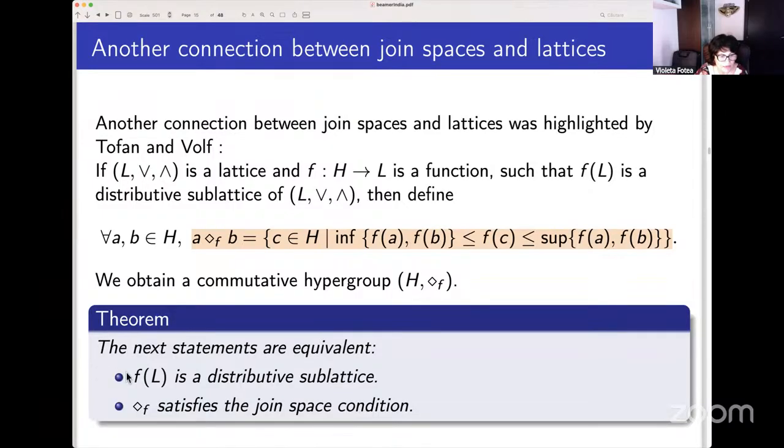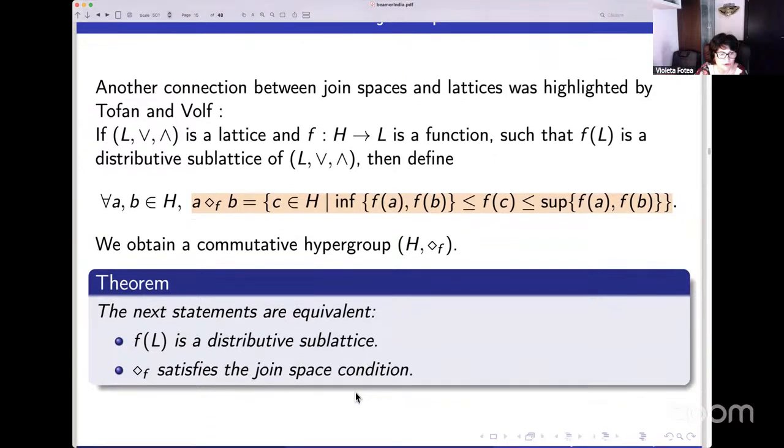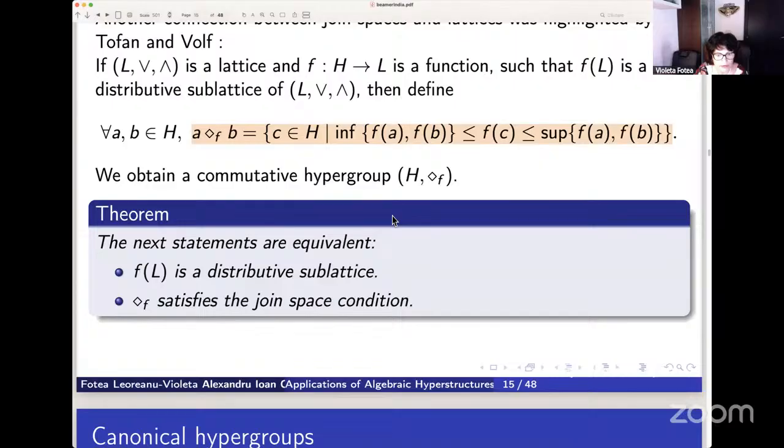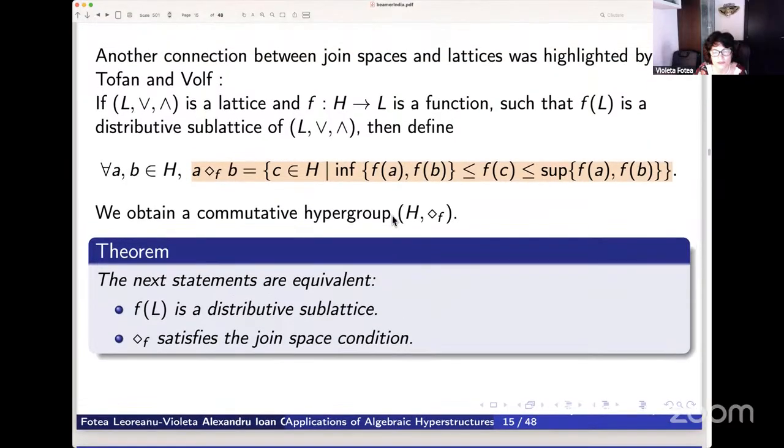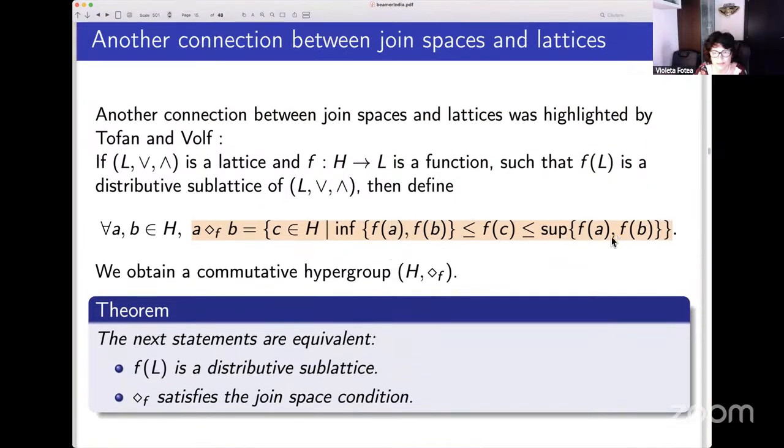Moreover, F(L), the image of L, is a distributive sublattice if and only if the hyperoperation satisfies the Jones space condition. Also, this happened for the particular case of a fuzzy set, so when L is equal to the closed interval [0, 1]. Professor Corsini introduced this hyperoperation.